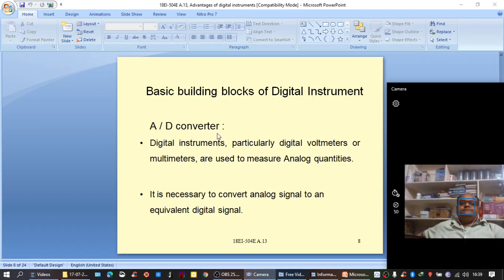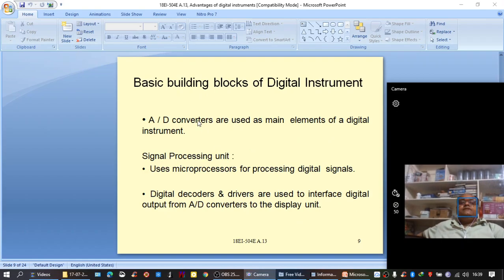A to D converter. Digital instruments, particularly digital voltmeters or multimeters, are used to measure analog quantities. It is necessary to convert analog signal to an equivalent digital signal. A to D converters are used as main elements of a digital instrument. Next, signal processing unit. It makes use of microprocessors for processing the digital signals.